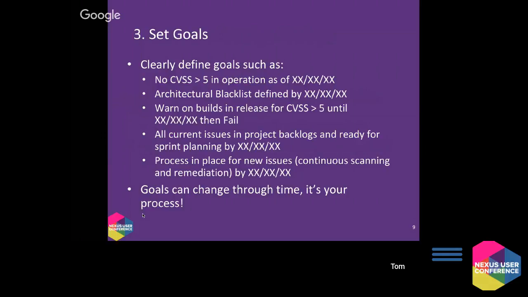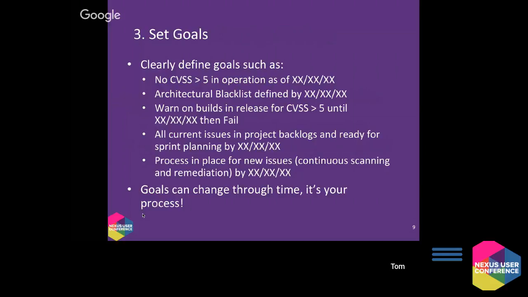For example, beginning with the end in mind: not having any components with a CVSS score greater than 5 in operation as of a certain date, and then working back from there. Having your architectural blacklist: which components, which frameworks do we not want to use? They don't have any role in the organization at a certain time.